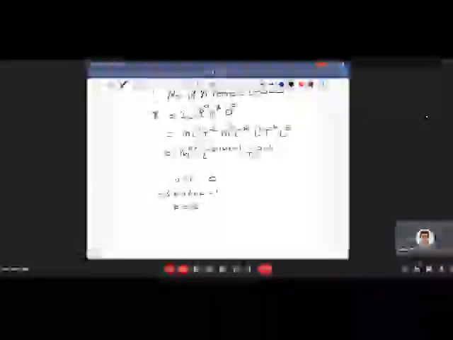Therefore, we get a is equal to minus 1 from here. So 3 plus b plus c minus 1 is equal to 0, and therefore we'll get c is equal to 0.